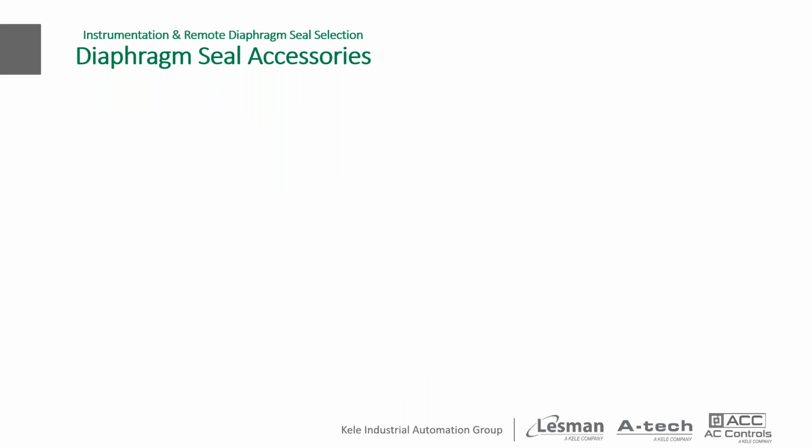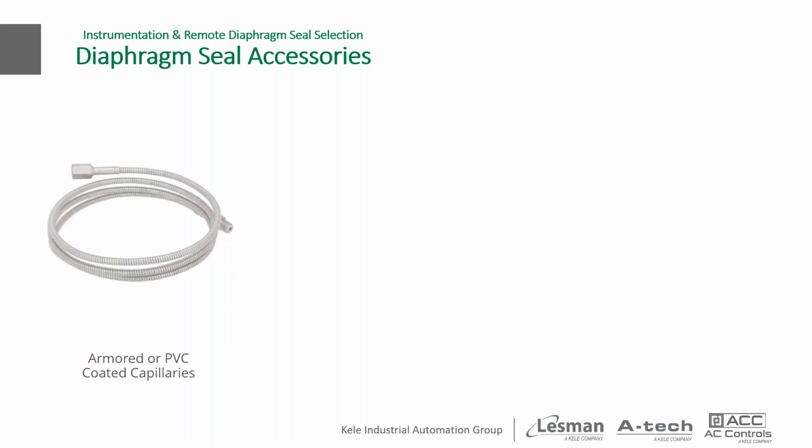Some of the most common diaphragm seal accessories we stock and use on a daily basis are armored or PVC coated capillaries. Capillaries allow for the instrument to be mounted remotely so that they can help limit exposure to process temperatures and vibration. There are limits to the lengths that we can use, and our primary concern is to always limit the amount of fill fluid we have in a diaphragm seal system.